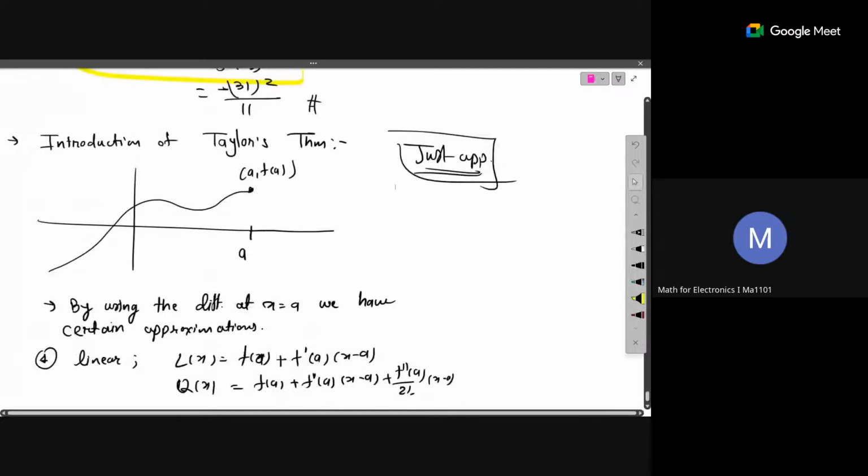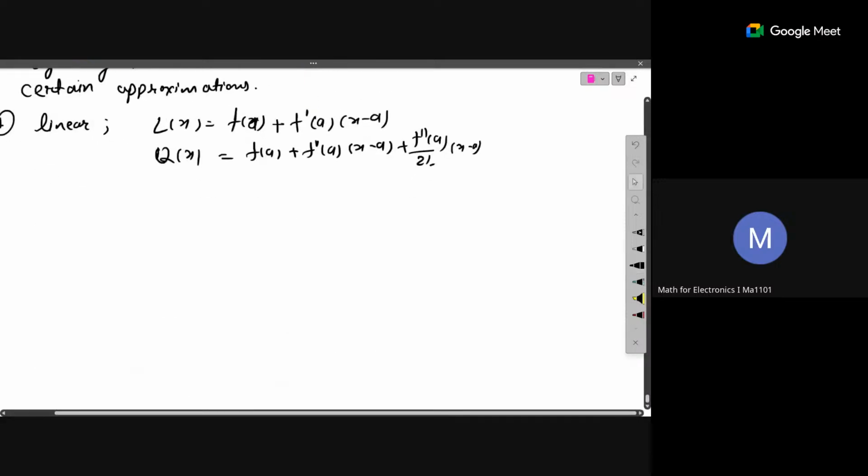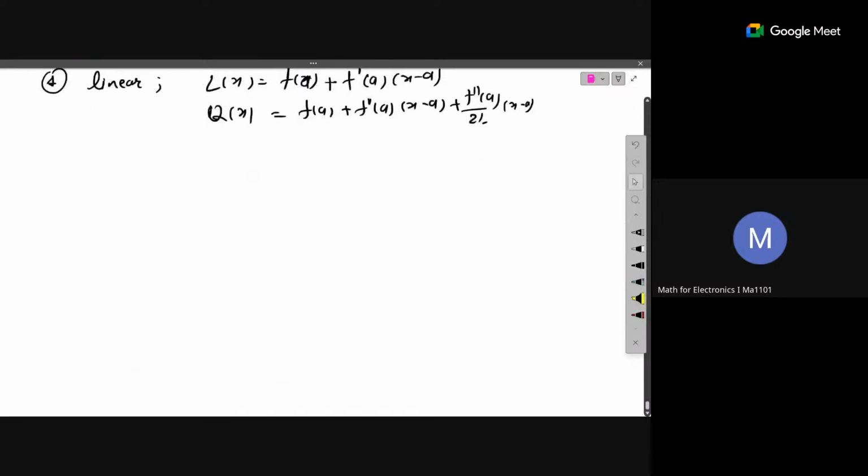Taylor found a very particular error for every approximation and said that the function is equal to that particular expression. For example, if I take the linear approximation in Taylor's theorem, then it says f(x) is equal to, it won't give us an approximation, it says equal to. That means Taylor was specifically computing the error for these approximations.